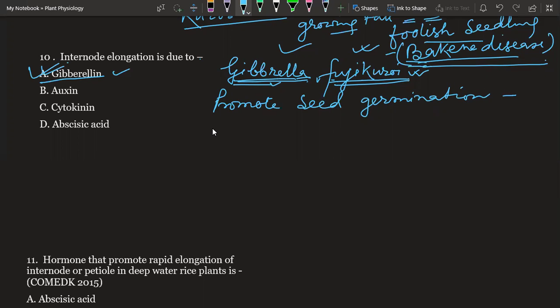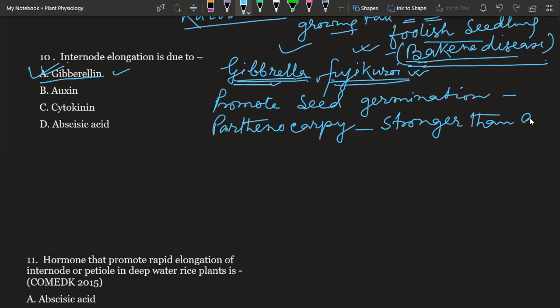It can cause parthenocarpy, and it is stronger than auxin. Auxin also causes parthenocarpy in some plants, but gibberellin has a stronger parthenocarpic effect.